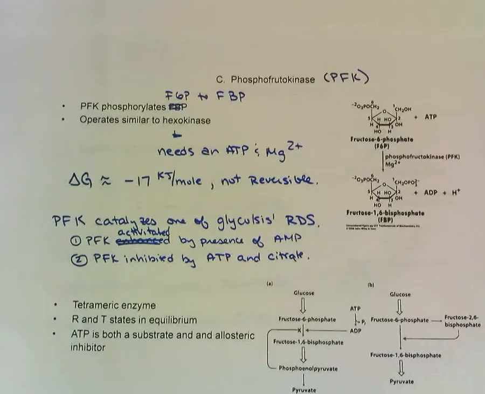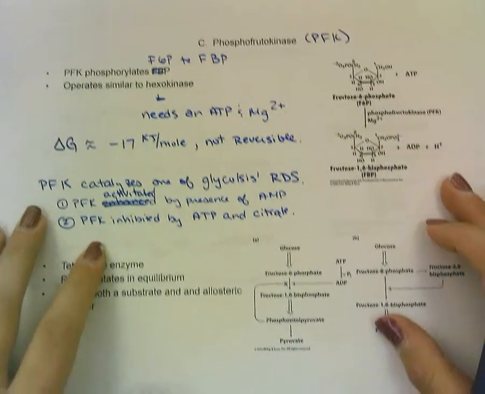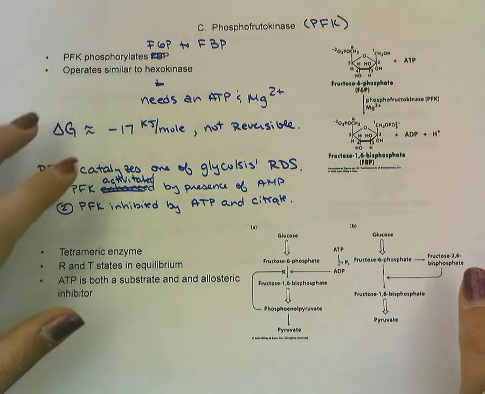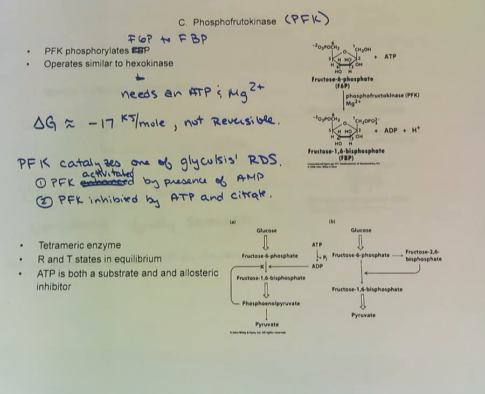All right, so phosphofructokinase phosphorylates F6P to FBP, fructose 1,6-bisphosphate. We're going to use an ATP and the magnesium. It's not a reversible step. And some other things that make PFK an interesting enzyme is that it has this allosteric feedback mechanism.